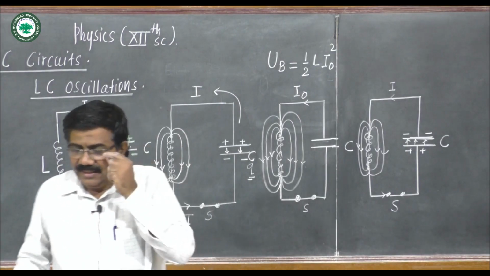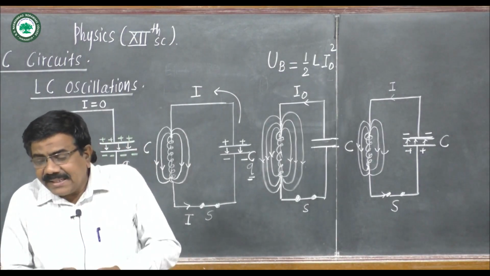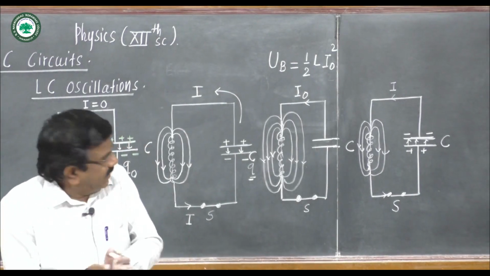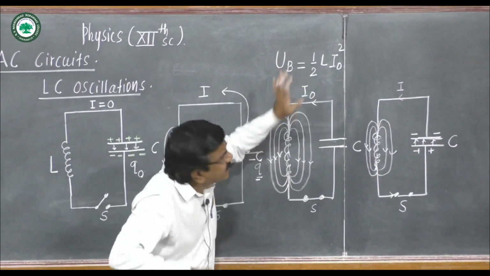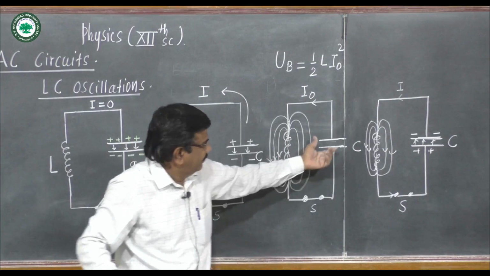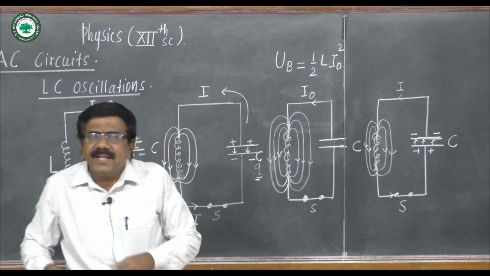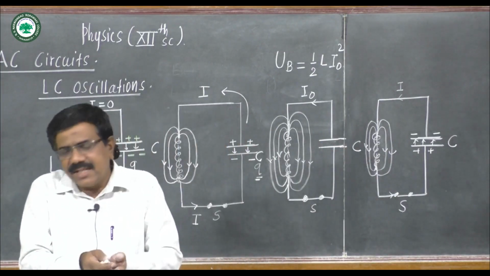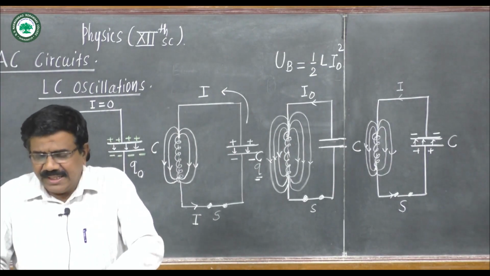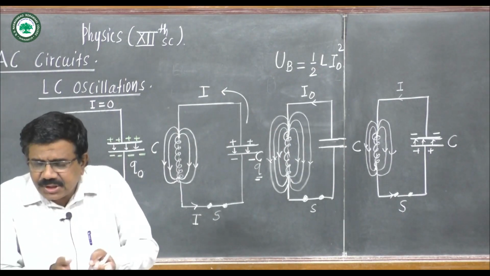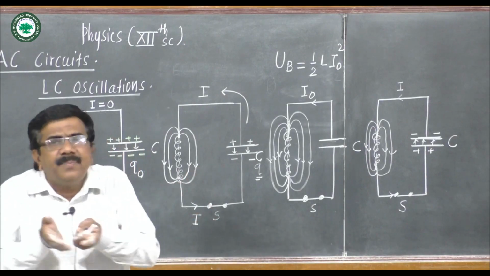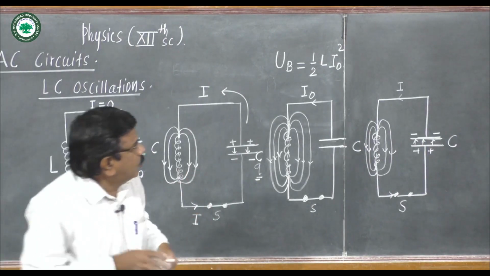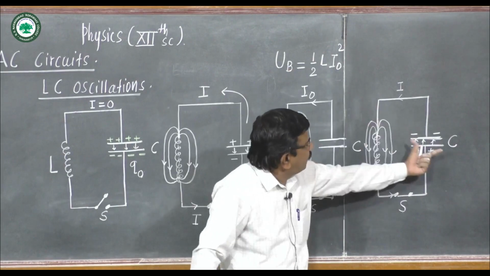The magnetic energy of the inductor L, as this is the total energy, goes on decreasing, and it begins to change into electrostatic energy of the capacitor.